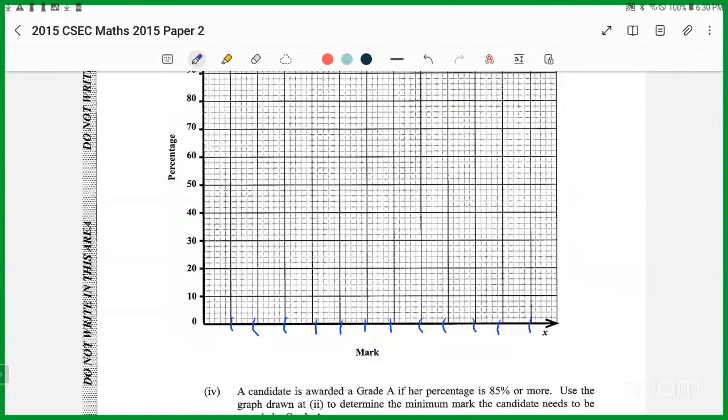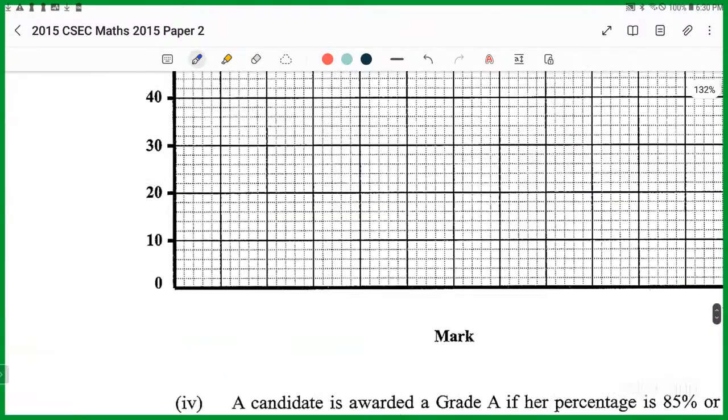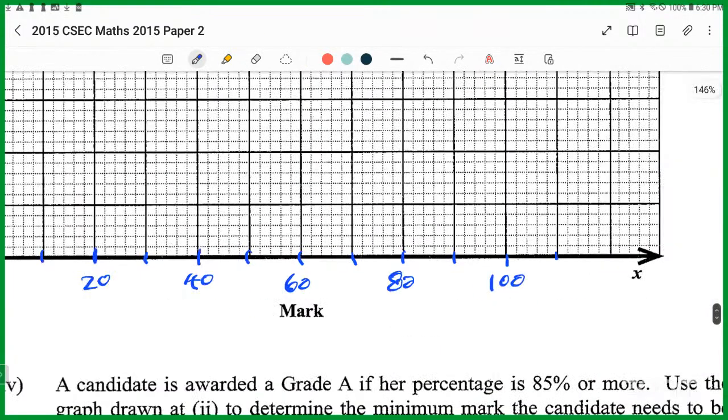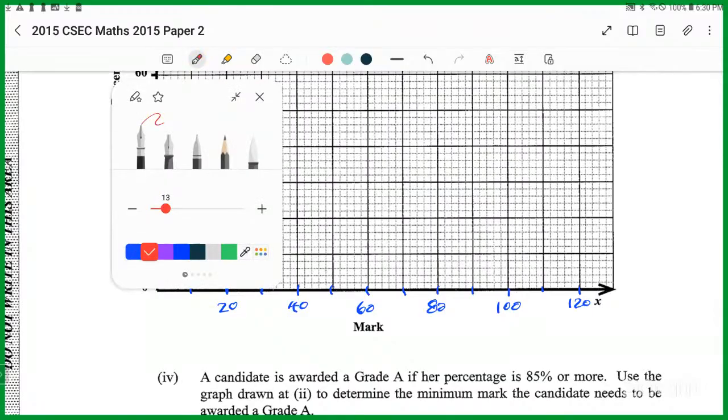Yes. So I'm going to put the marks down here. They didn't put it, so we're going to put it ourselves. So this is 10, 20, 30, 40, 50, 60, 70, 80, 90, 100 marks, 110, and 120 marks.